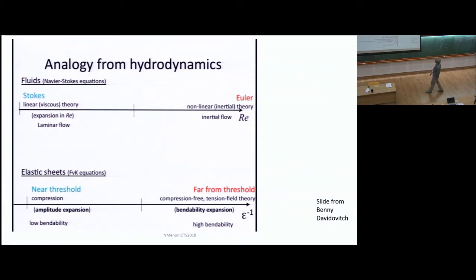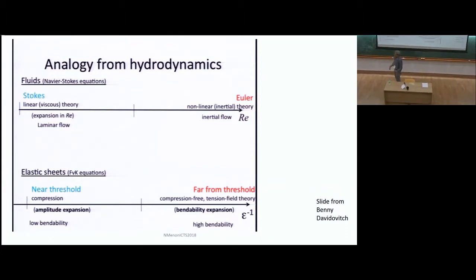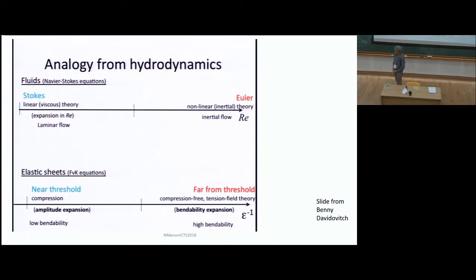You should think of things in the same spirit. If you have things that are very bendable, those things cannot support any compression. There's no point starting from a planar state that can support compression and working with them. Whereas there are things that are not bendable, in which the standard way of thinking about things is the right way to think about it.